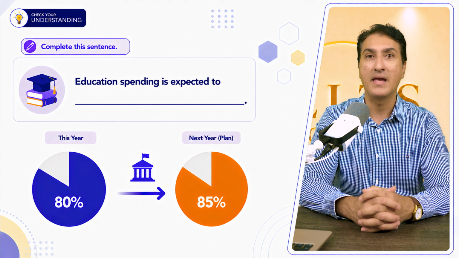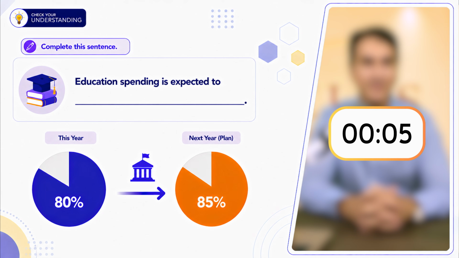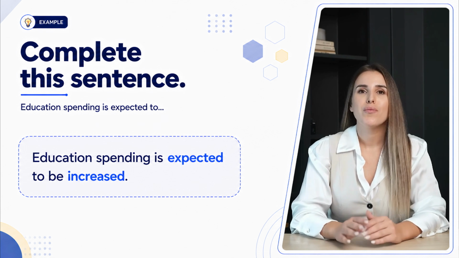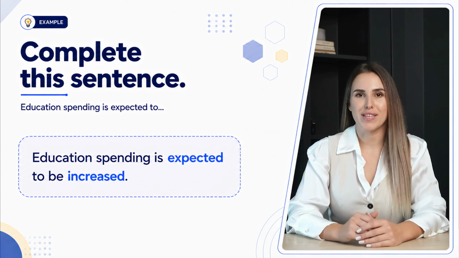Now, how would you complete this sentence? Education spending is expected to. What do you think? Education spending is expected to be increased. Excellent. This time that's exactly right, because the education budget does not increase by itself.